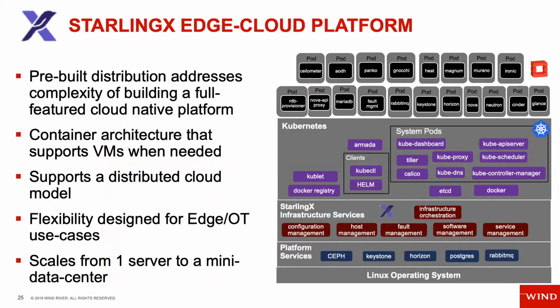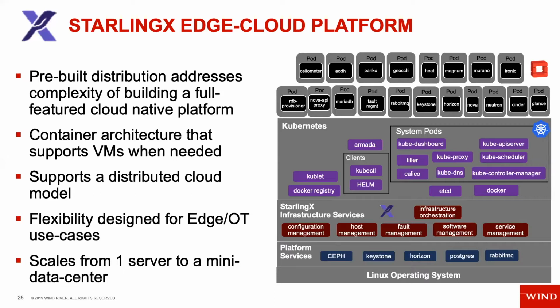But what Starling X provides is essentially a pre-built distribution, and by pre-building and integrating all of these different cloud native and OpenStack technologies, it addresses some of the complexity, which, if you recall, was one of the key challenges that customers had. So it's pre-built, it's pre-integrated, and essentially a cloud distribution, edge cloud distribution ready to go.